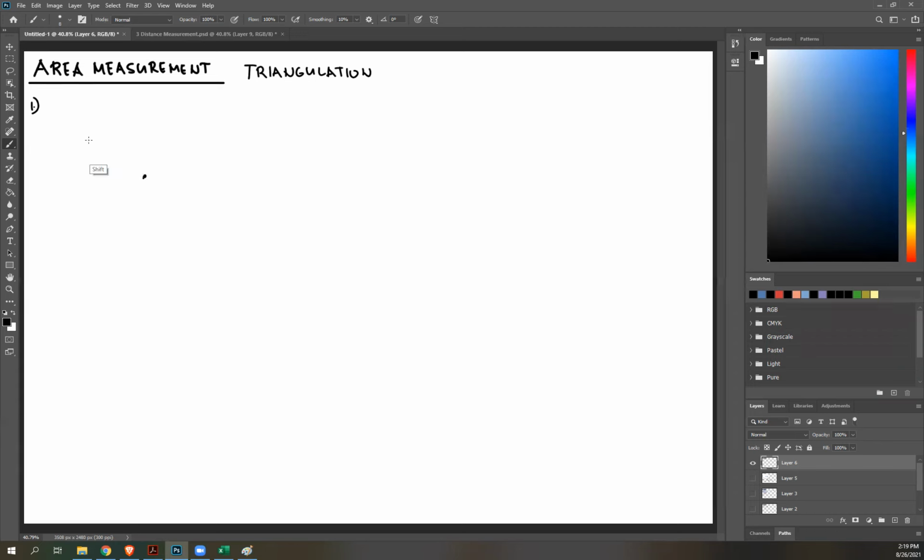Therefore, your point A is somewhere here. And then again, to get that, this was your north, and then this is your 45 degrees. And then distance from theodolite to A is also given, 27 meters.